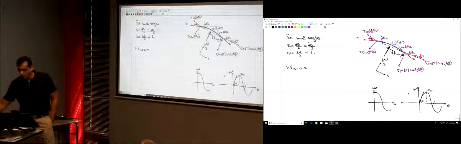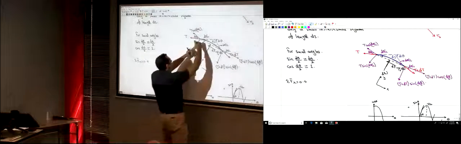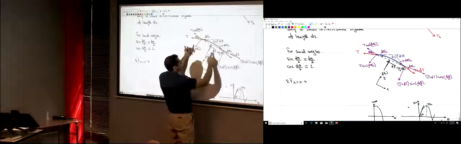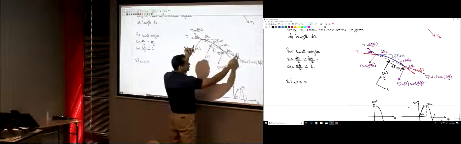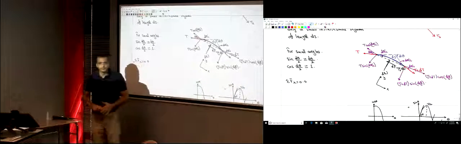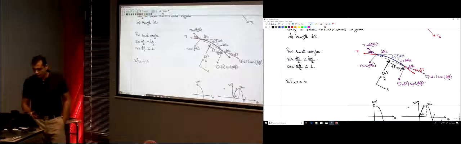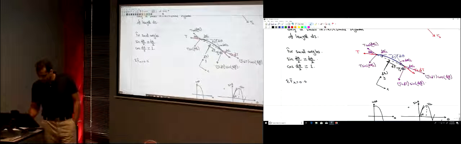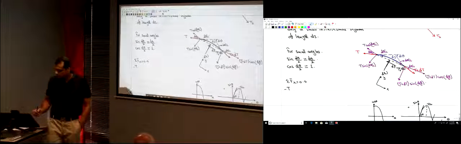We have those two purple components, the normal force, the frictional force. Negative T cosine d theta over 2, which is 1, so negative T. What else do you have?